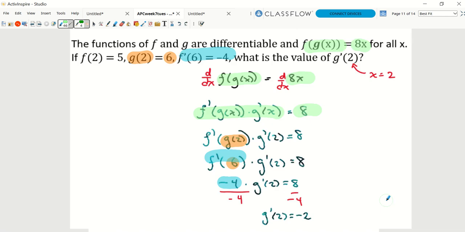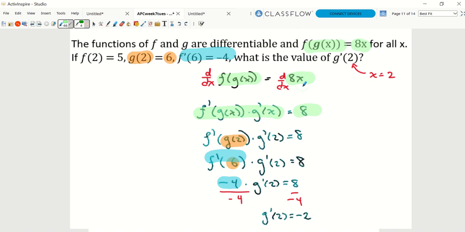Okay? Second to last example, this is basically the chain, this is basically the table. Now it's asking for g prime of 2. So we're given the greens, let's take the derivative of both sides. So literally I copy down the greens here, take the derivative of both sides.